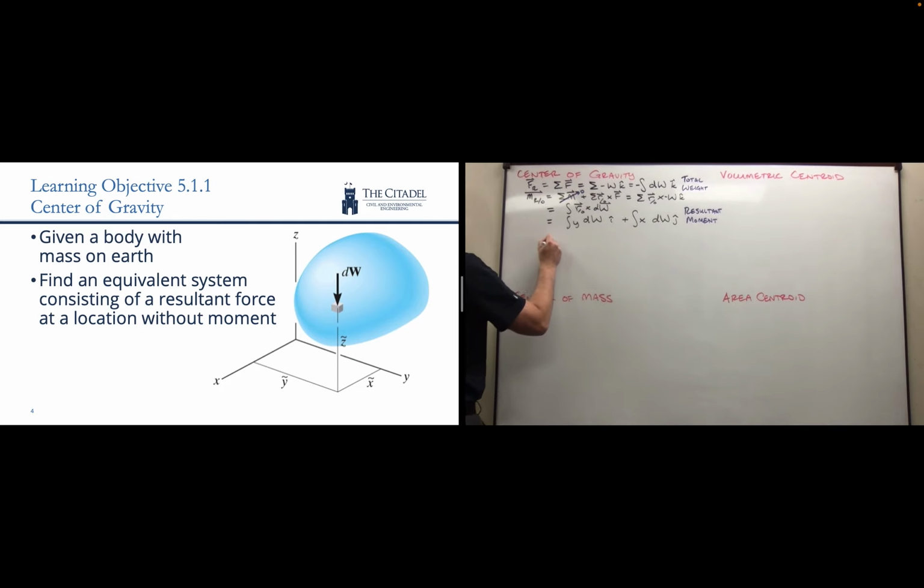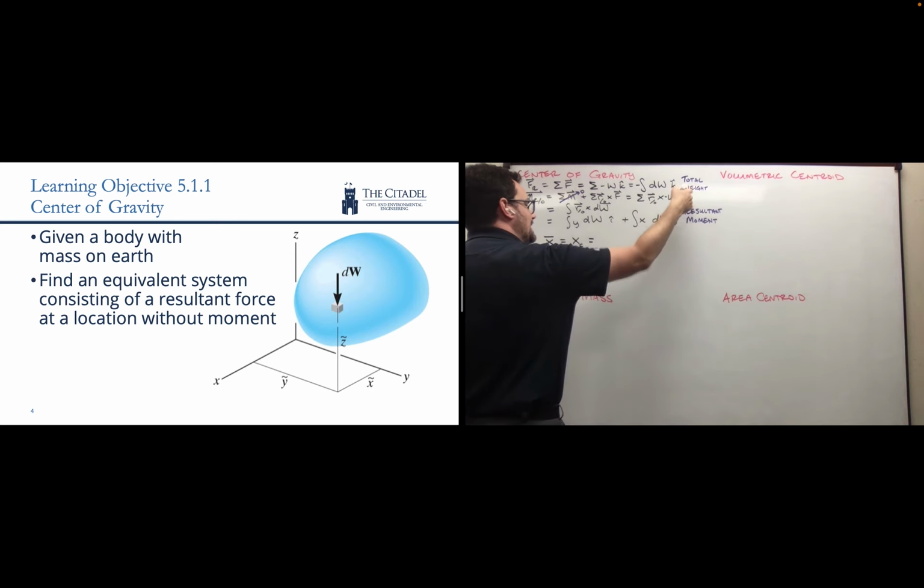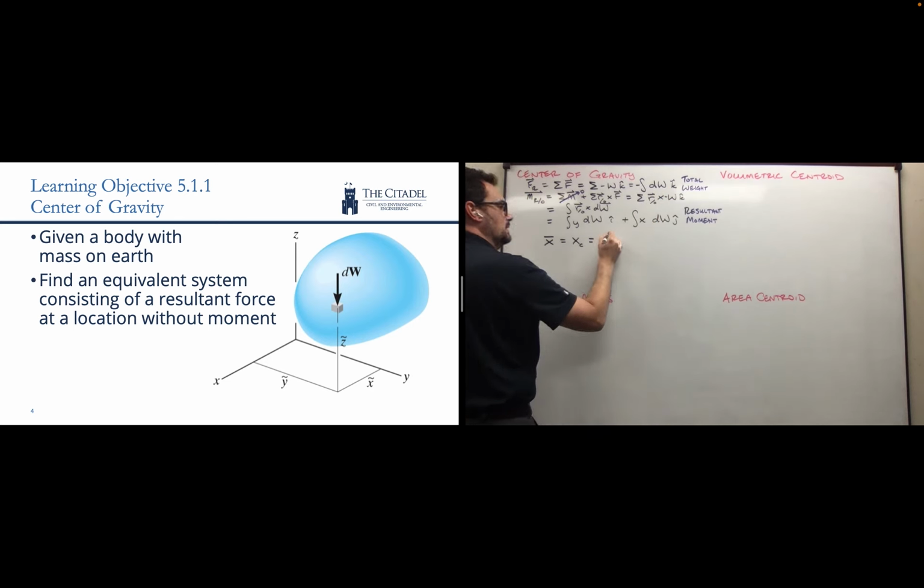We're going to be able to find the center of gravity, which your textbook uses the symbol x bar. I'm going to lean toward what the FE reference handbook uses, which is an x sub c, in which we're going to take the resultant moment and divide it by the total weight.